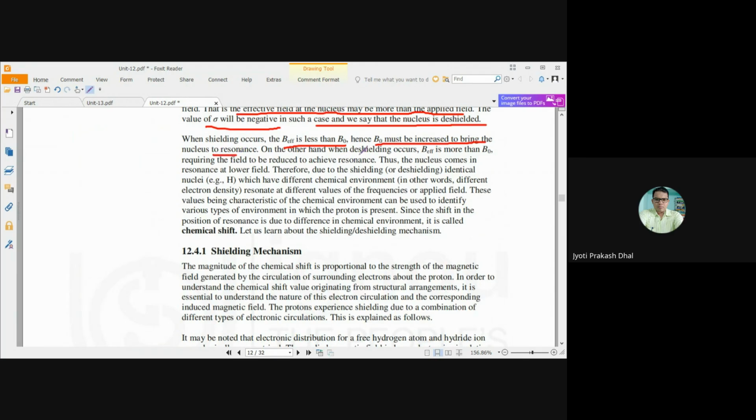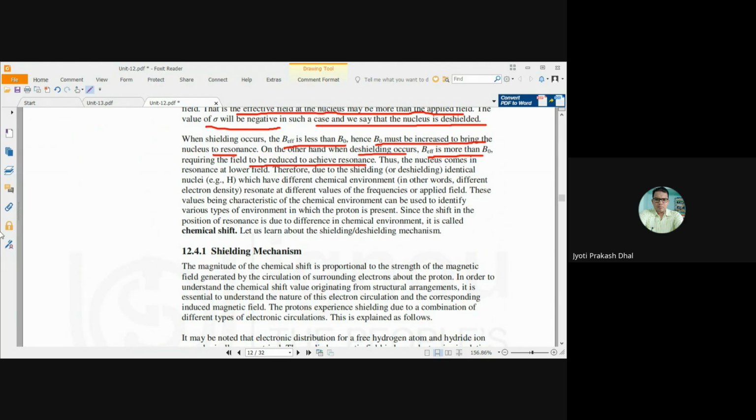On the other hand, when de-shielding occurs, B effective is more than B0, requiring the field to be reduced to achieve resonance. Thus, the nucleus comes to resonance at lower field. Therefore, due to shielding, identical nuclei in different chemical environments resonate at different values of frequency or applied field. These are characteristics of the chemical environment that can be used to identify the various types of environment in which the proton is present.